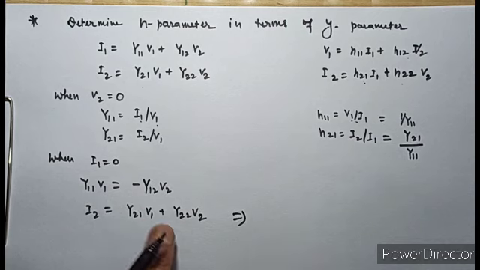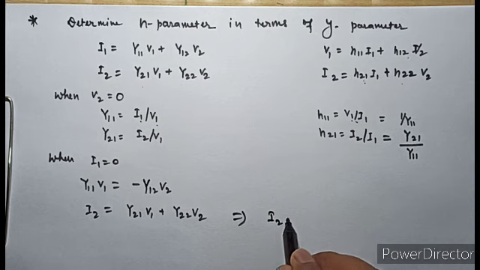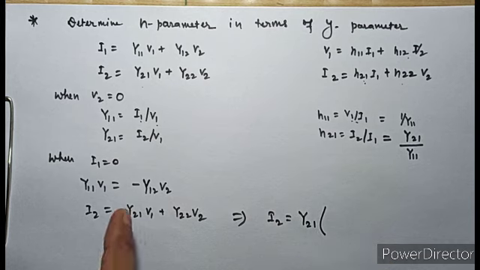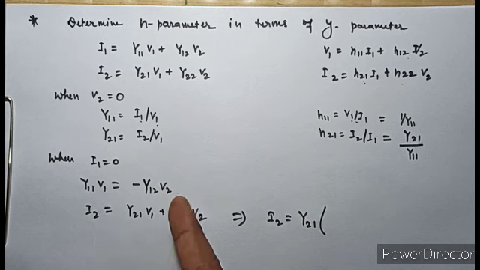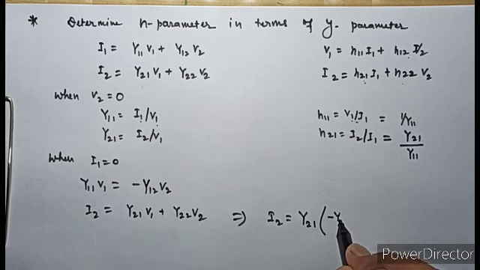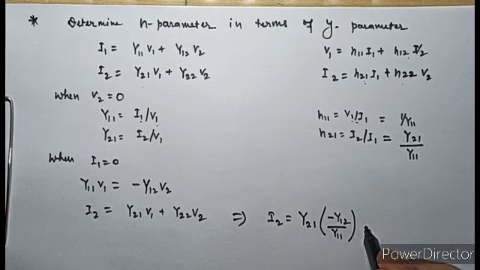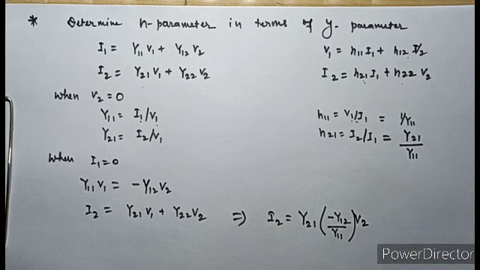Now putting this value in this equation, our I2 will be Y21 V1. From here V1 is minus Y12 by Y11 into V2. So I2 equals minus Y21 Y12 by Y11 V2 plus Y22 V2, right?